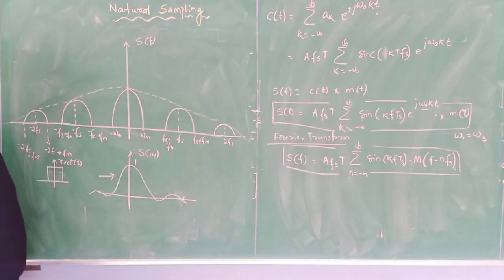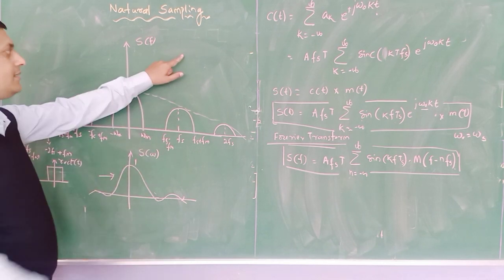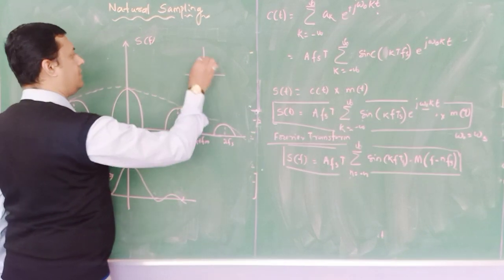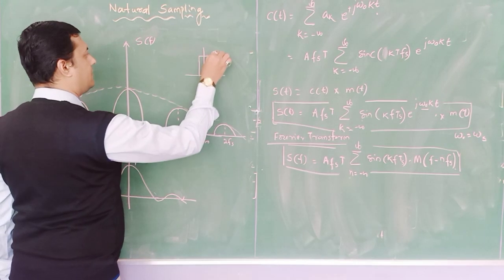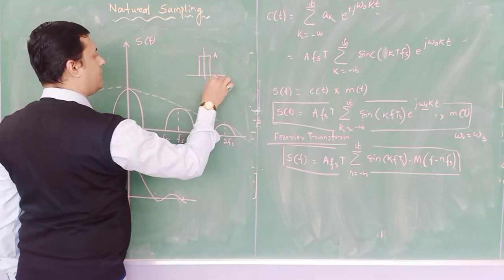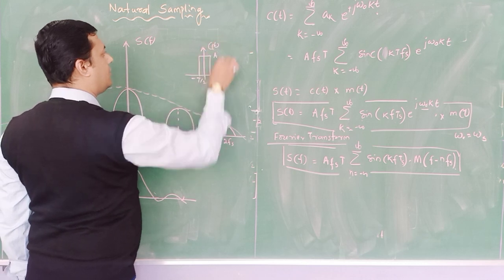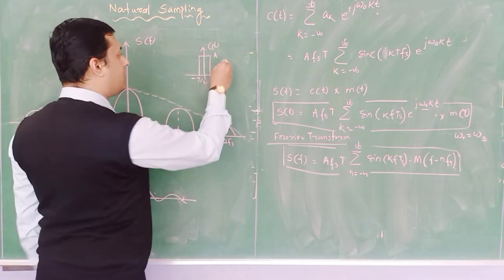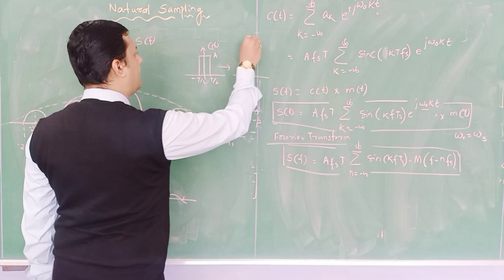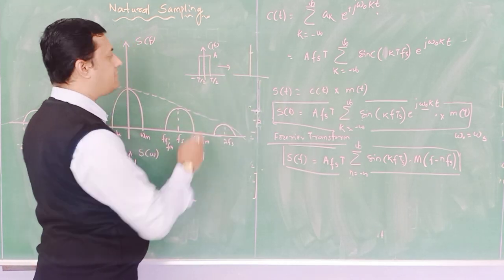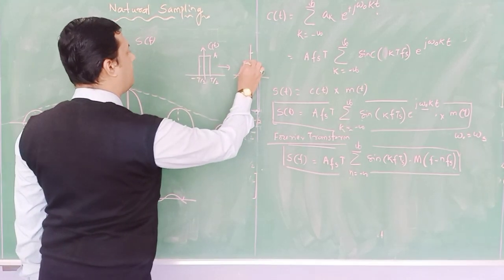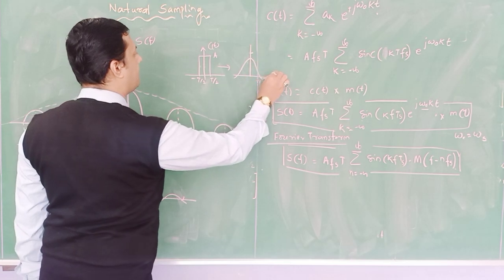Here the rectangular pulse has a certain amplitude. What we have considered is a rectangular pulse having amplitude A, from minus T by 2 to T by 2. This is c of t. When you convert this into the frequency domain, the Fourier transform of this pulse will become a sinc function, like this.